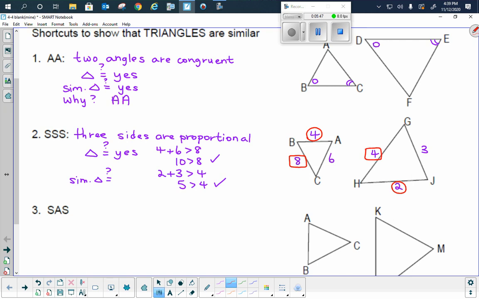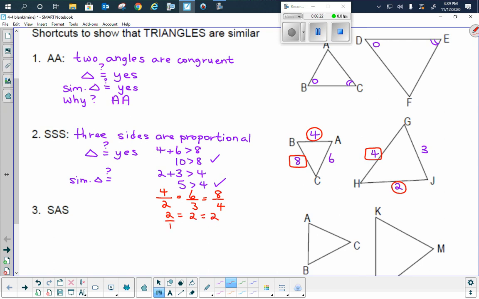And 3 sides being proportional means you've got to show this work. It means that 4, the smallest over the smallest, 4 over 2 has to equal the medium over the medium, so 6 over 3 has to equal the biggest over the biggest, so 8 over 4. And reduce all of those. 4 divided by 2, 6 divided by 3, and 8 divided by 4 are all 2. So 2 does equal 2 does equal 2.